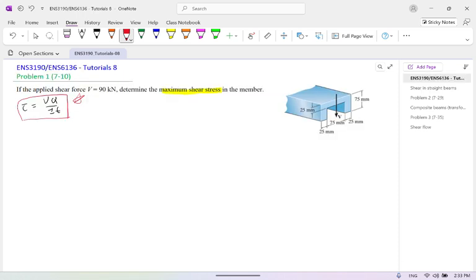Of course, that's why we use the equation to work out. But one thing we should know is where the maximum is. From previous lectures, we know the maximum tau occurs at the neutral axis.